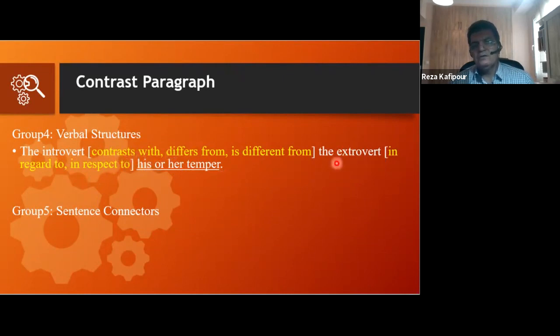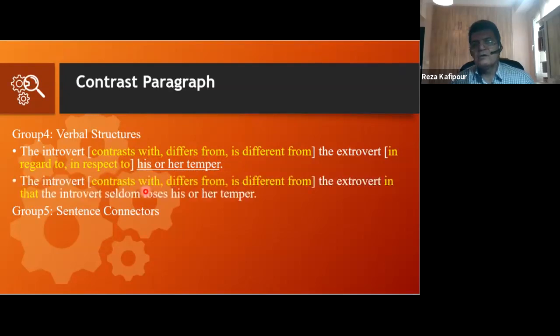The verb can be used with "in regard to" or "in respect to", after which we need a phrase, or the verb can be used with "in that", after which we need a full sentence or independent clause, similar to this one. So let's see.